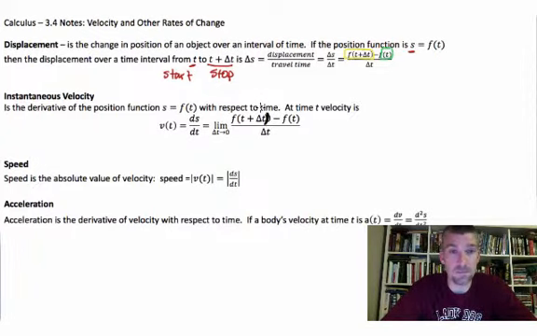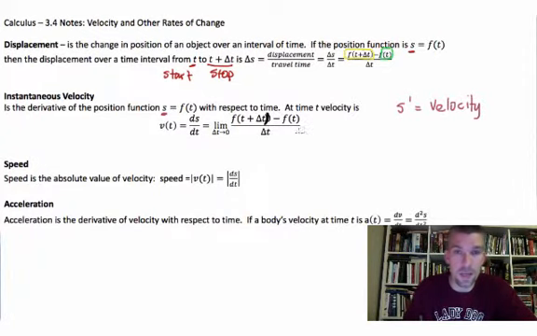Instantaneous velocity then is the derivative of position. So if we said that position is this S guy right here, this is position, then velocity is the derivative of that. So S prime is going to be my velocity.